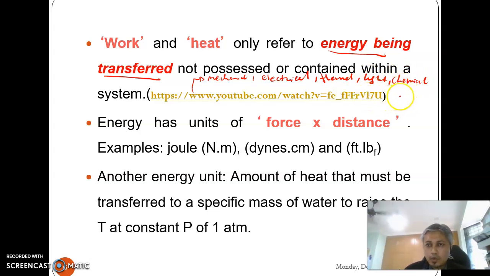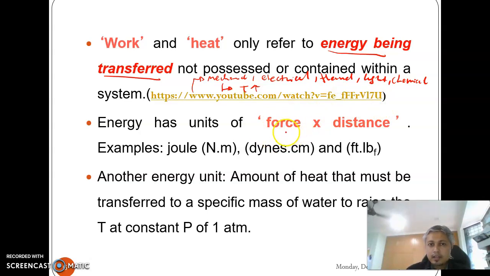When we do work, our body has chemical energy, so how is it transferred to another form of energy? In this case, it shows how the temperature is increased when all of this energy is applied to the system. So you can watch this video to have a proper understanding.